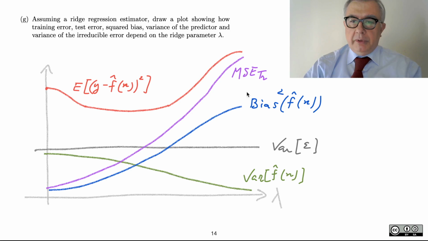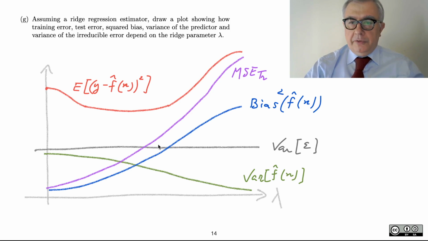Finally, we have the mean square error on training data, and here the point is that if you are not shrinking, then you are very flexible, and in the end you could even succeed in fitting all the data if your model is rich enough, and therefore this is going to decrease as lambda gets smaller.